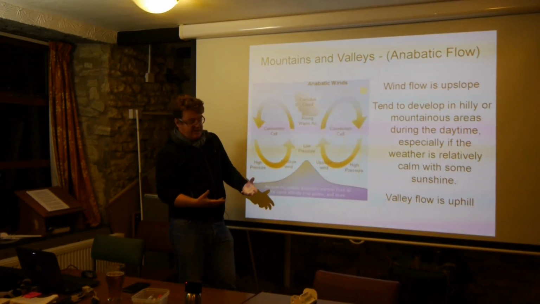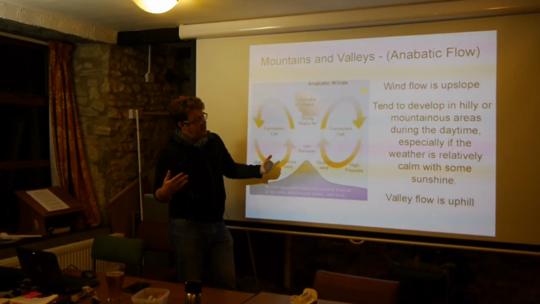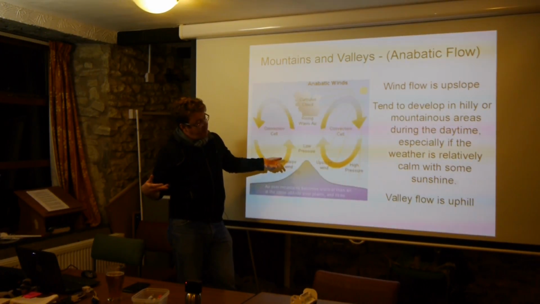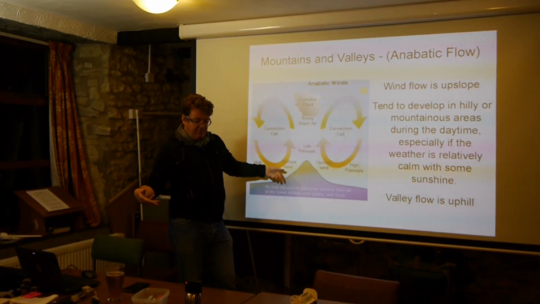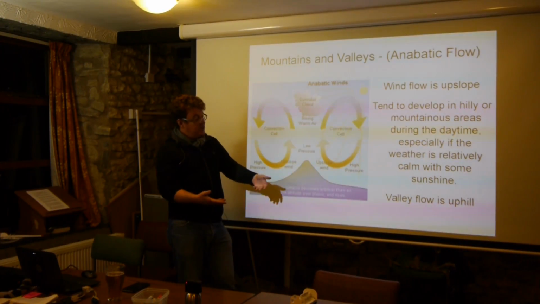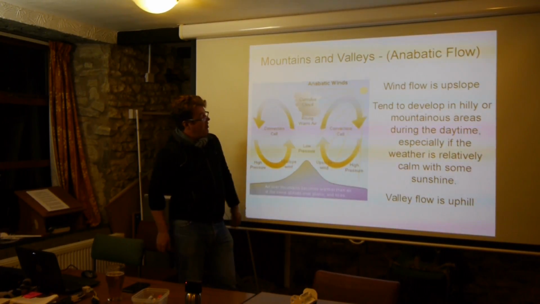So valley flow basically occurs during the day, and it occurs when anabatic flow has started, when convection is occurring on the mountain sides. Valley flow basically is pushing from the plains, in through the valleys, up into the higher mountains, where all the convection is occurring.